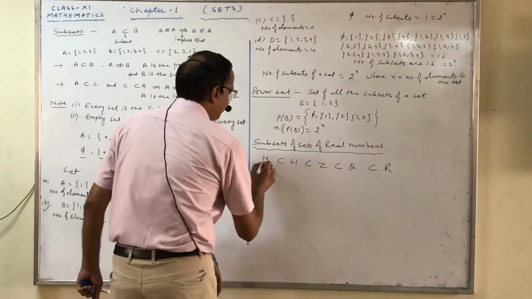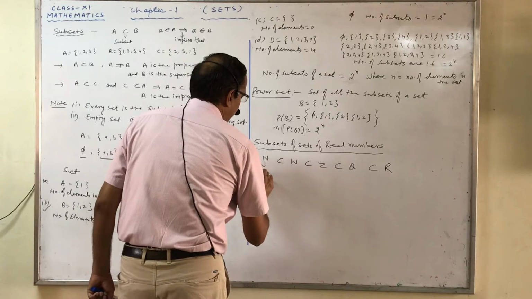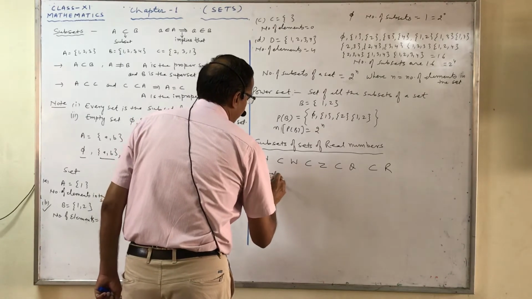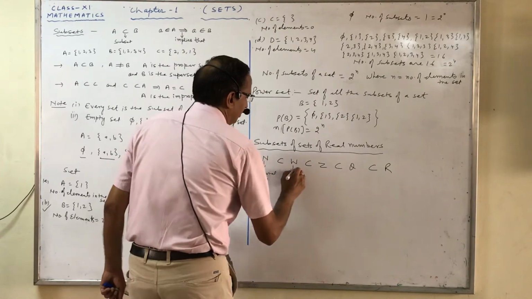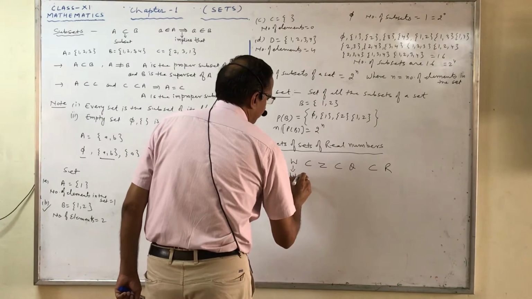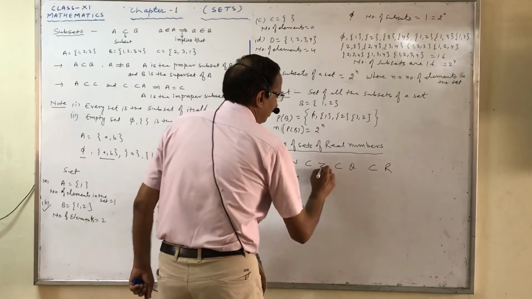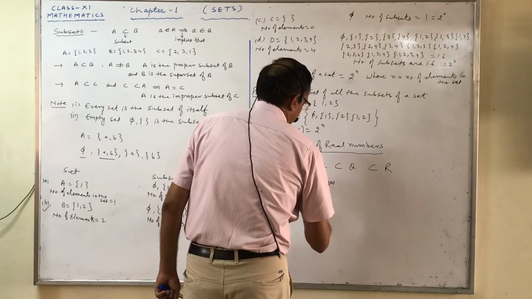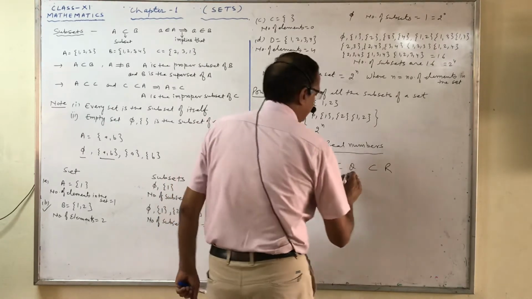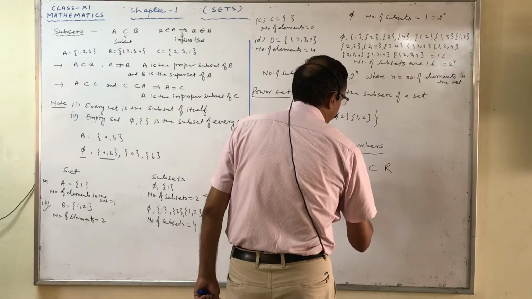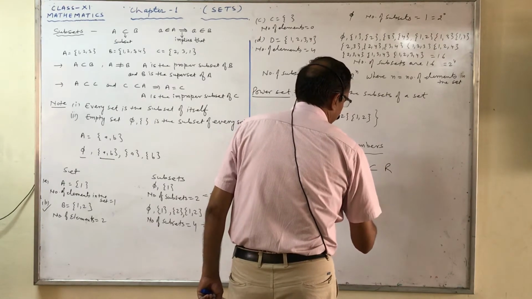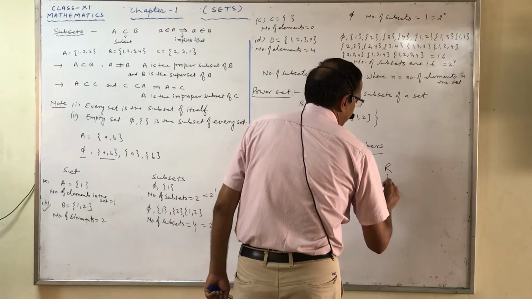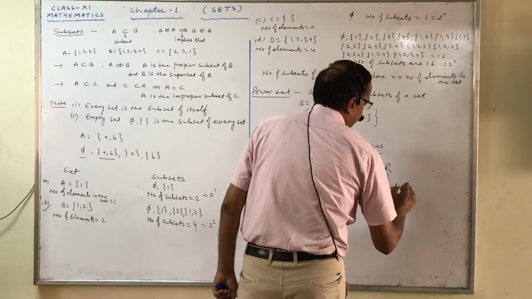So this is for what? This is for natural numbers. This is for whole numbers. This is for integers. This is for rational numbers. And this is for real numbers.